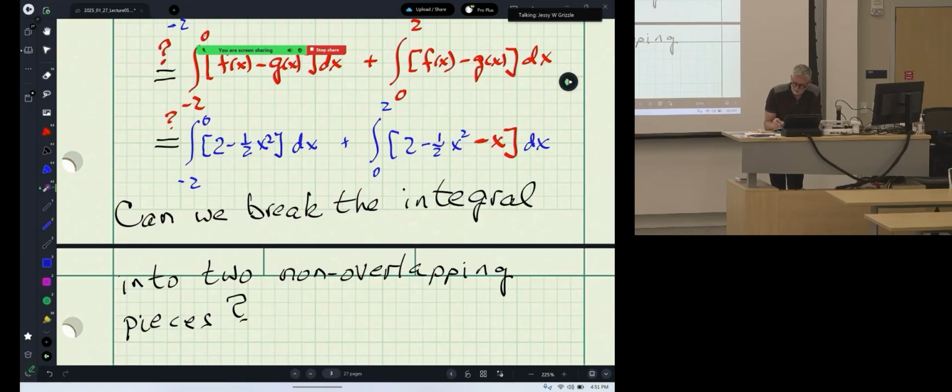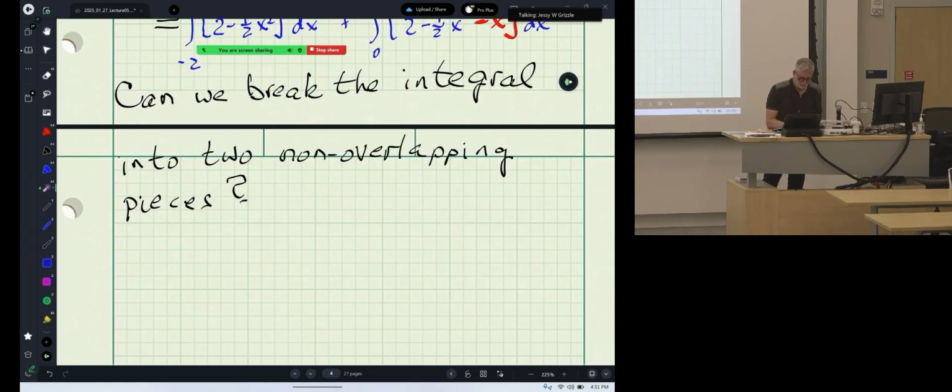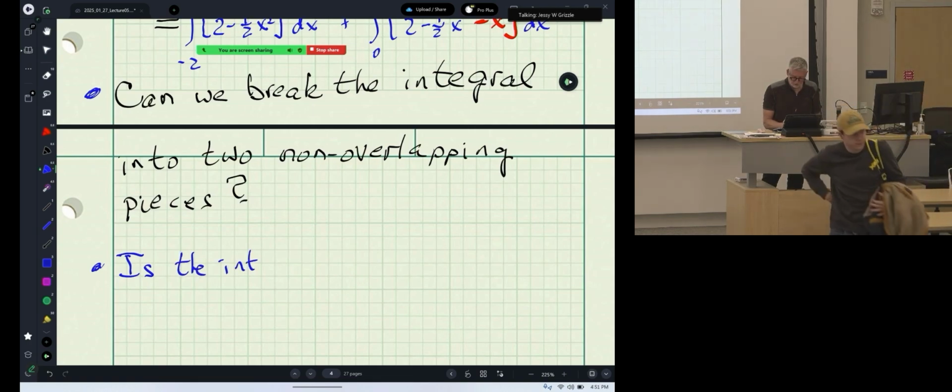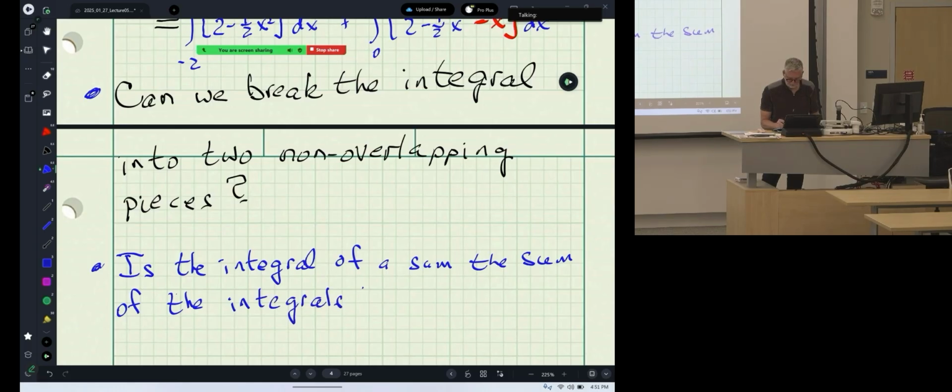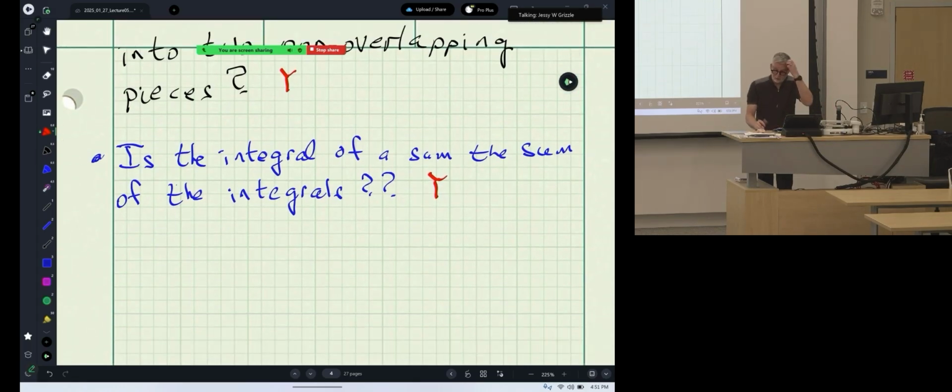We have monomials, not polynomials. Is the integral of a sum the sum of the integrals? Okay, the answers to these questions is yes and yes, as you know, because most of you have had Math 216.